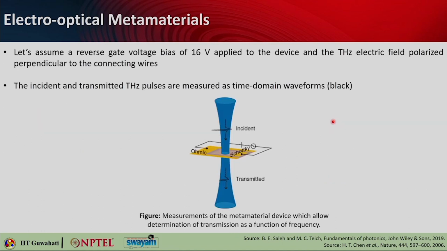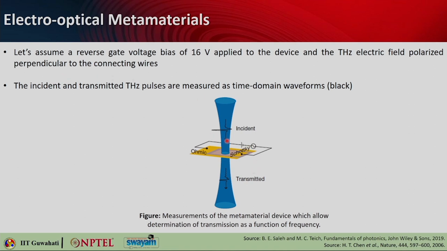Now, let us assume a reverse bias gate voltage of 16 volt is applied to the device and the terahertz electric field is polarized perpendicular to the connecting wires. If you remember the connecting wires, those are connecting the different atoms or metamolecules. So, the electric field is considered to be perpendicular to that.